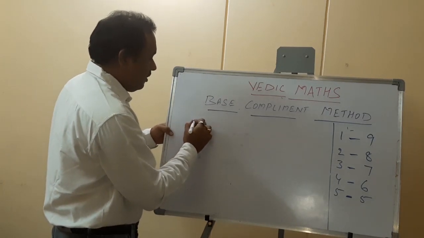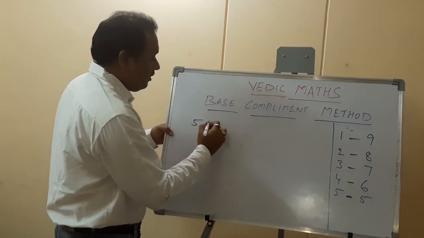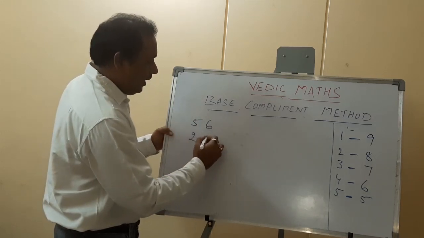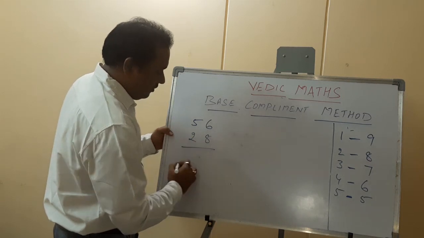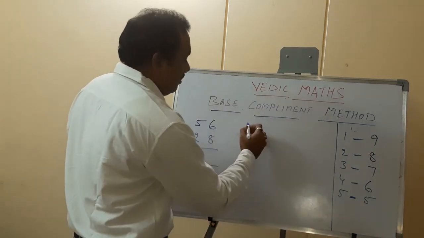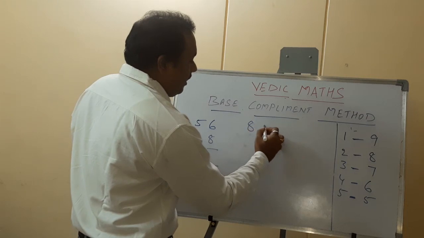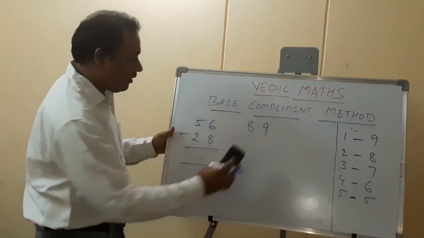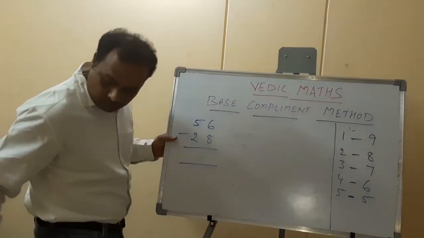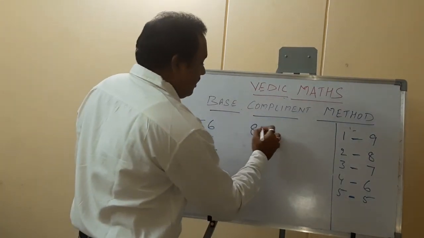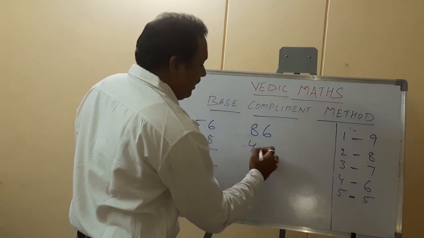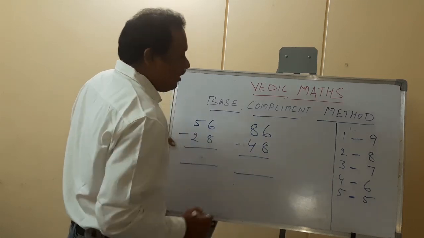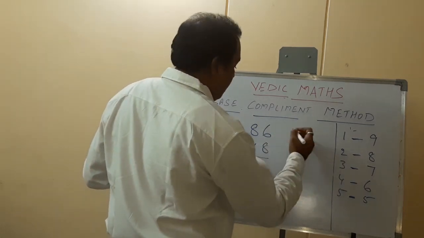So 56 and 28. Now 86 and 48. Okay, and now we are going to take three figures.